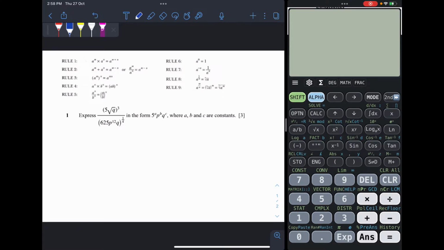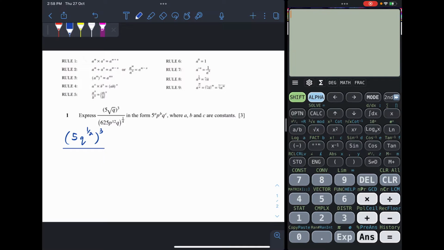Anyways, let's begin. The first thing I'm going to do is change the surd, the square root of q, to q to the power of 1/2. So it will be 5 q^(1/2), and I'm going to put the power of 3 outside, over 625.